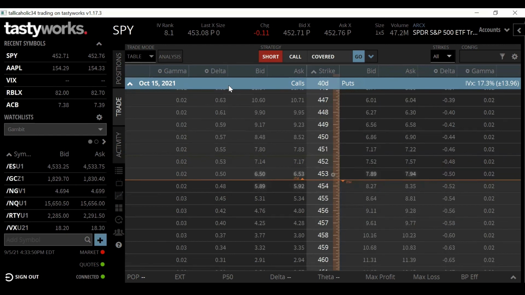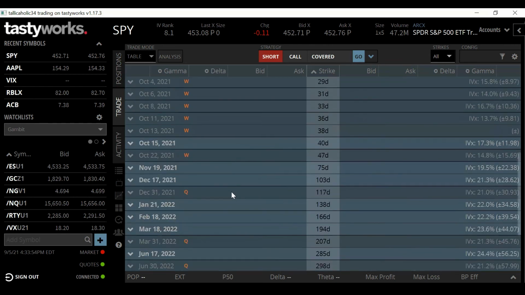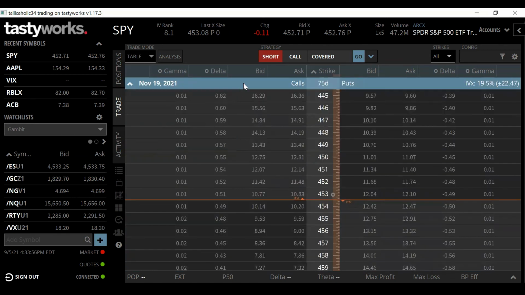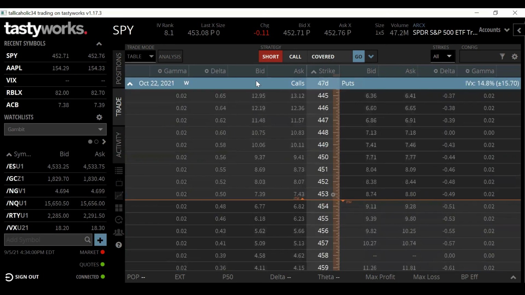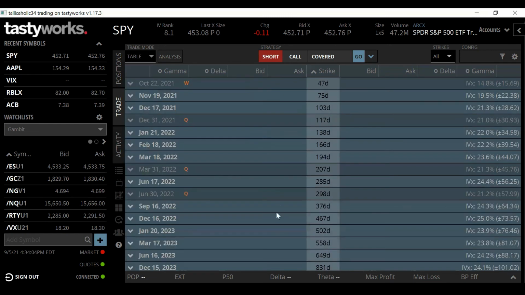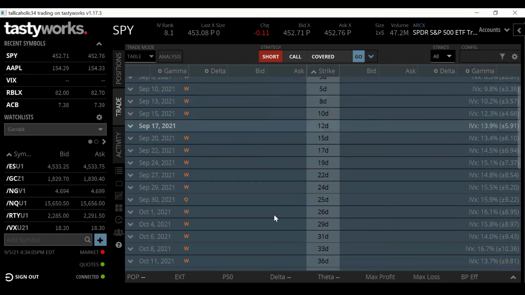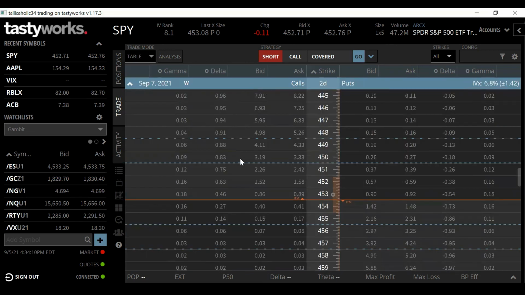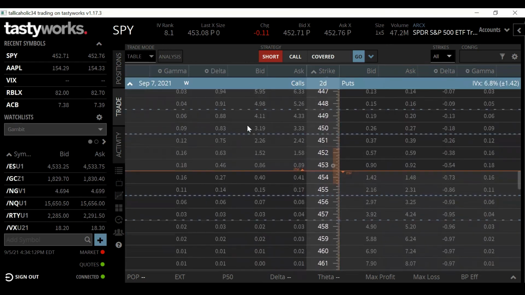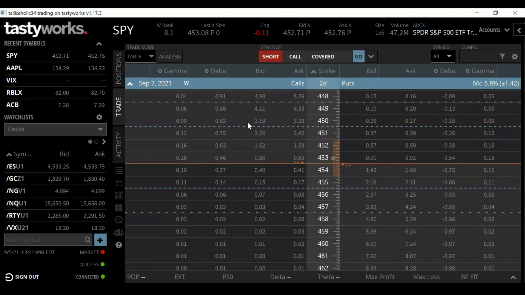You also have to consider other factors, and not just, hey, I think SPY is going to go up, so I'm just going to buy the shortest dated expiration cycle and hope I get a nice move within that time frame. Keep all that in mind before you place a 0 day to expiration trade. Sometimes somebody will say, this is going to be a lotto.